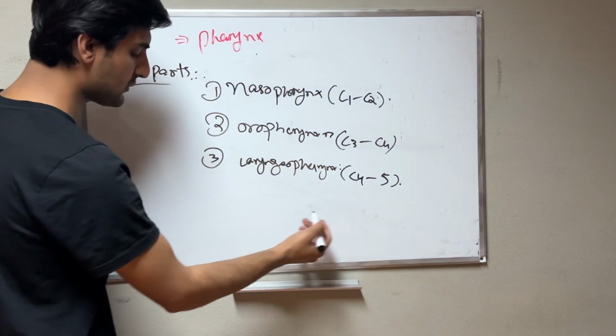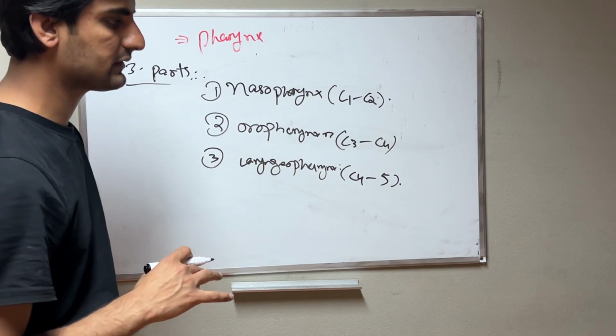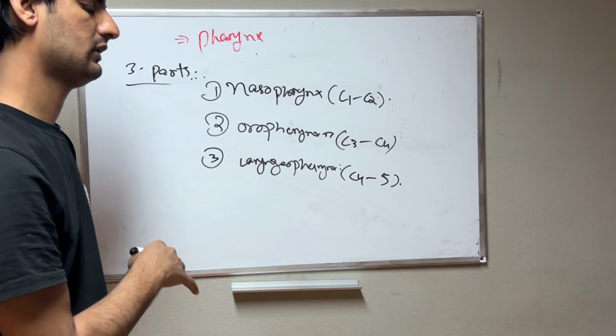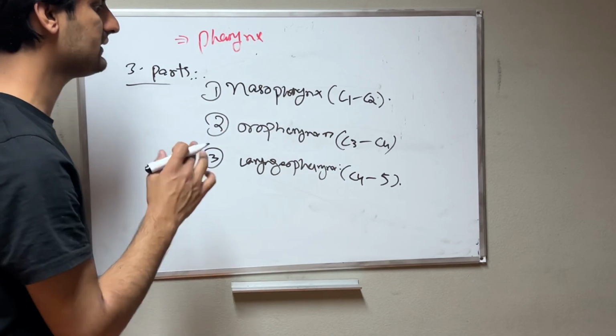The inferior skeletotopy of the pharynx is at the level of the 6th and 7th cervical vertebra, because they are located in the cervical region.